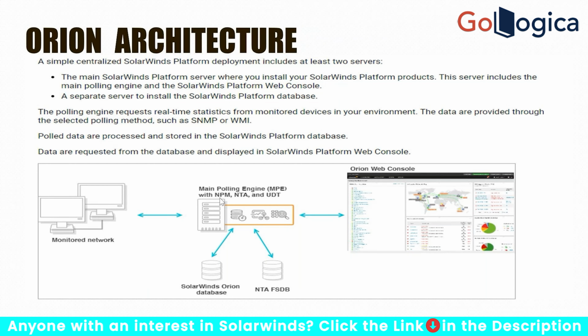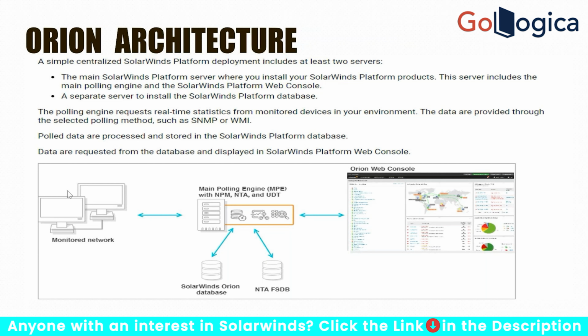So, what do we have in the Orion architecture? We have a main polling engine where we'll install our application, and this collects data from our monitored network, nothing but servers or switches or storage or databases, through SNMP or WMI or the SolarWinds agent, and then writes it to the SolarWinds Orion database.